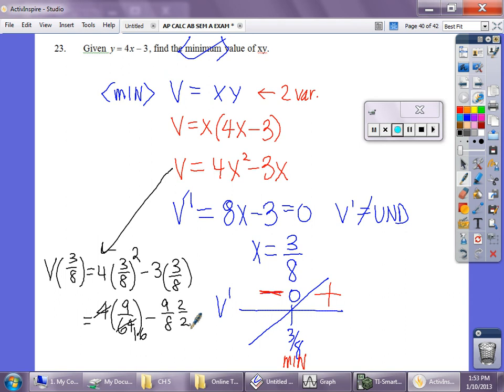Multiply this by 2 over 2, and we get 9 over 16 minus 18 over 16, which gives us negative 2 over 16, which is 1/8. So the value, I believe, if I didn't make an arithmetic mistake, is negative 1/8. Most of you got this wrong on the test because you gave the x value. It's actually asking you for the actual value of the product xy.